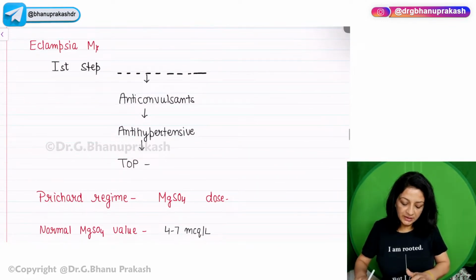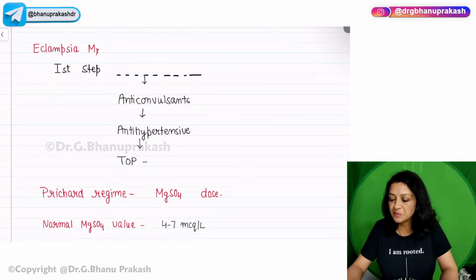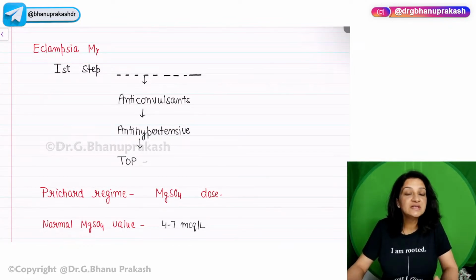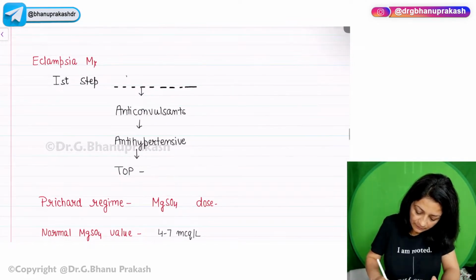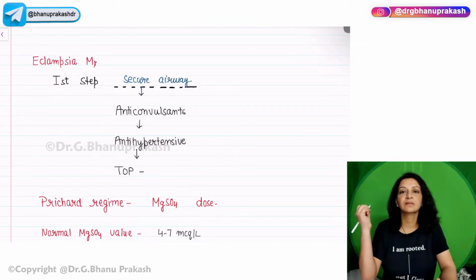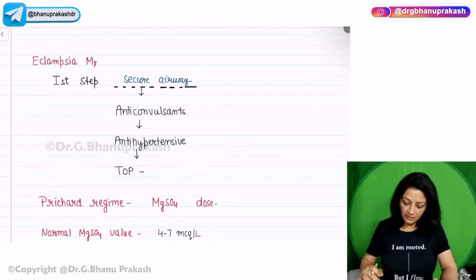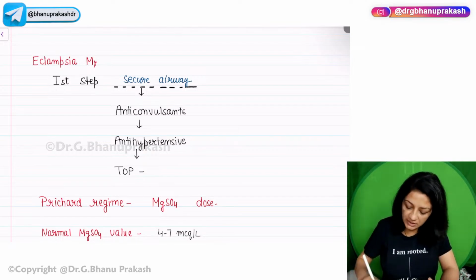So next point is eclampsia management. अगर आपके पास पेशेंट आता है with eclampsia, seizures हैं पेशेंट को, then आपका first step क्या होगा? The first step will be to secure the airway. Then anticonvulsant. कौन सा यूज करेंगे?